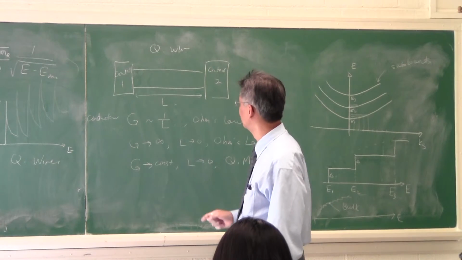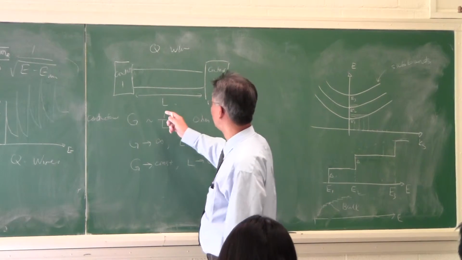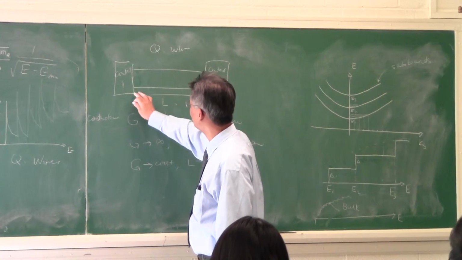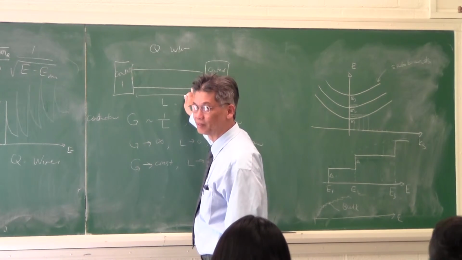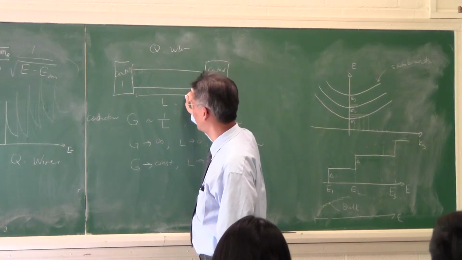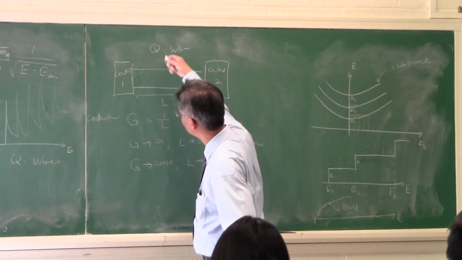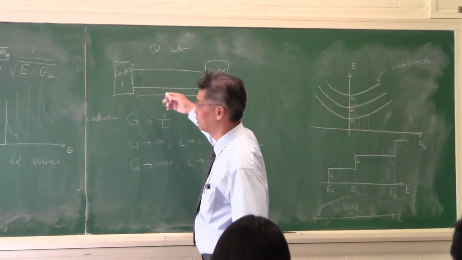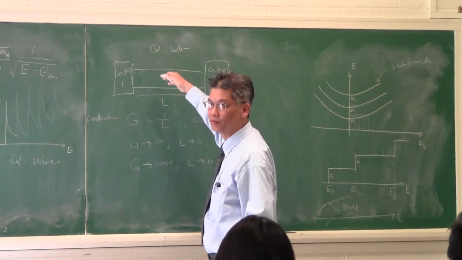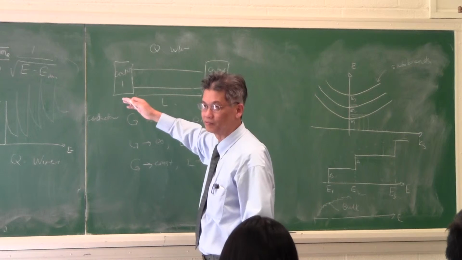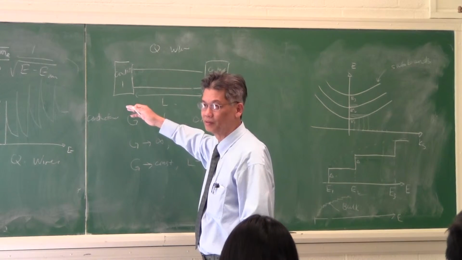The reason is because when you make the length smaller and smaller, the number of modes that you have available for electronic transport becomes less and less. The density of states, you can say in the z direction, we have confinement in the x and the y direction, but if you make it shorter and shorter, there will be less and less modes you can have between these two terminals for electron transport.